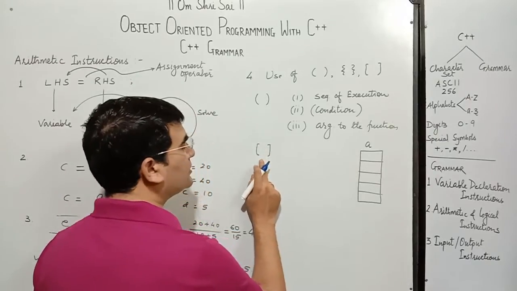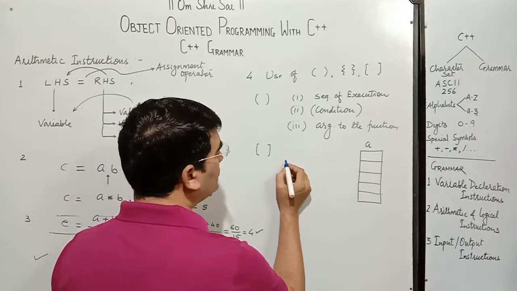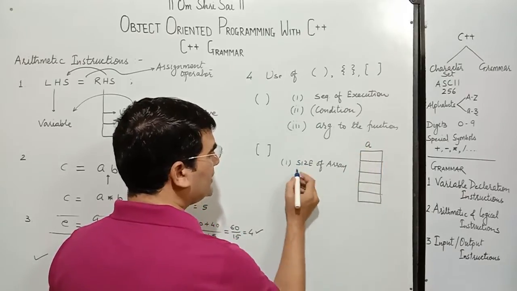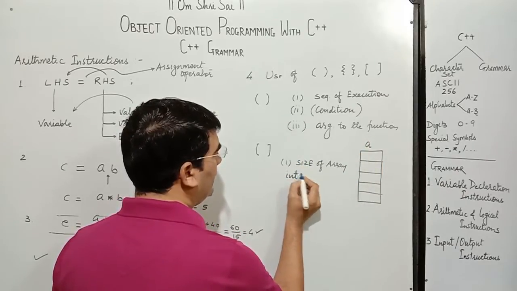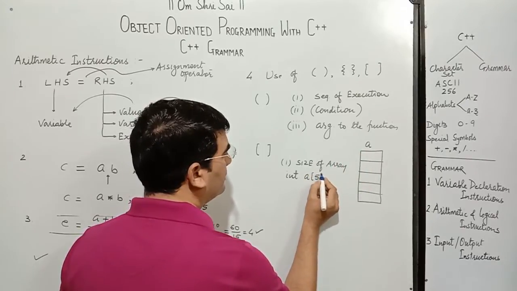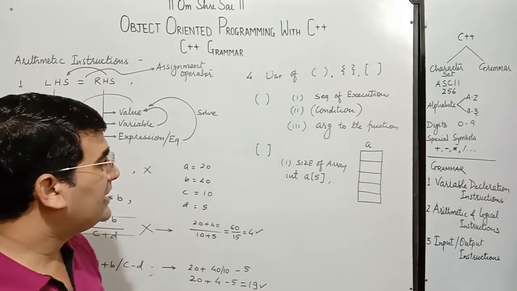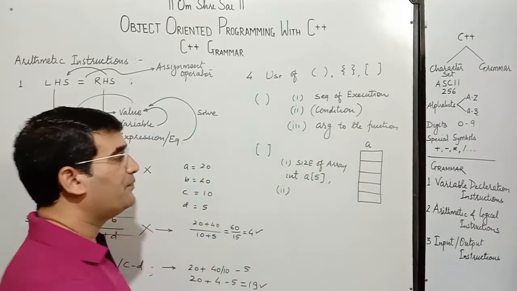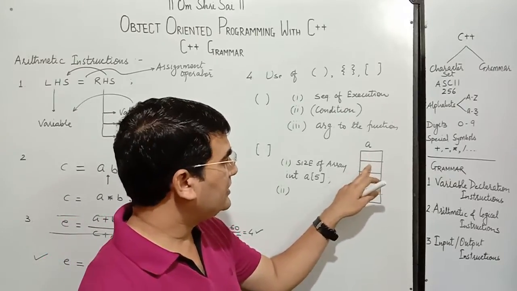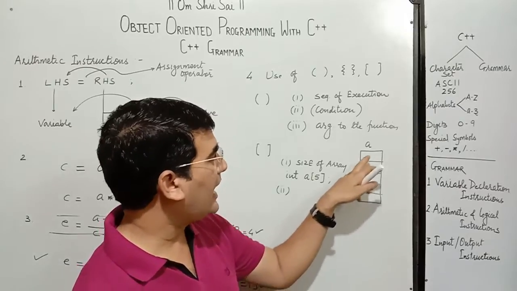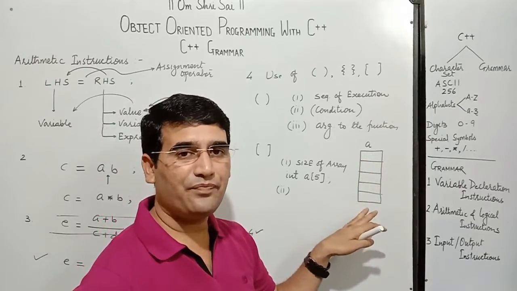The first use of square bracket in an array is to specify the size of the array. If I want to declare this array, what should I write? int, that is the data type, A is the name of the array, and the size of the array is 5. The second use of square bracket is again related to arrays. As we know, all the locations have the same name. Then how can we access each individual location uniquely?